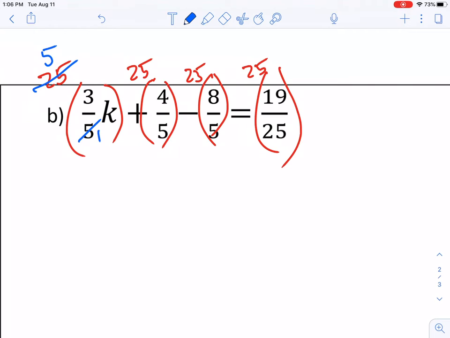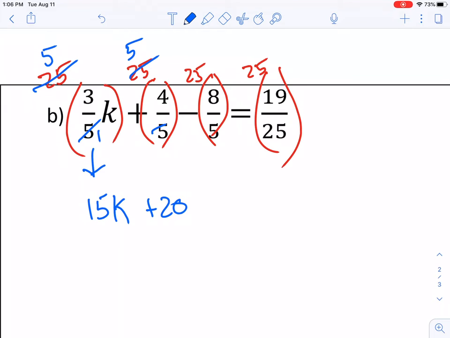So this is now 5 times 3k, which makes 15k. For our next one, 5 and 25 reduces to 5, so I'm doing 5 times 4, which is 20.